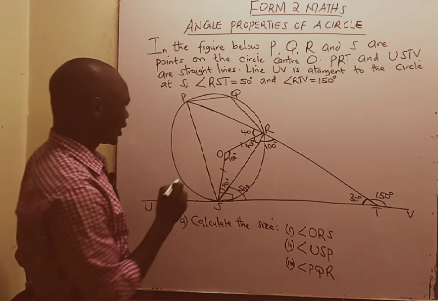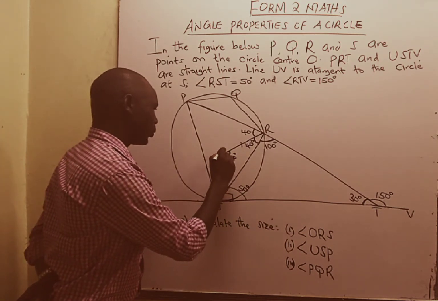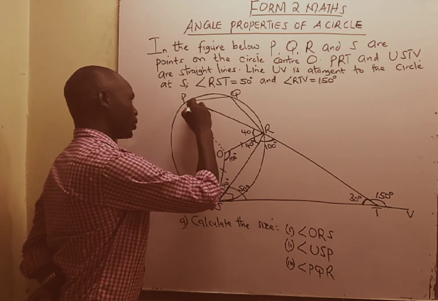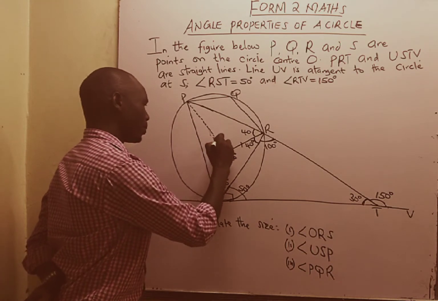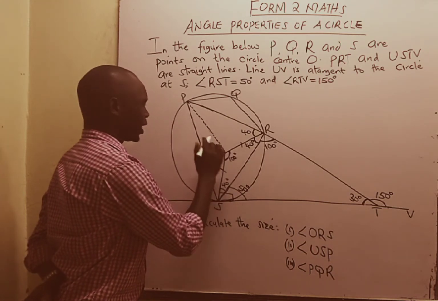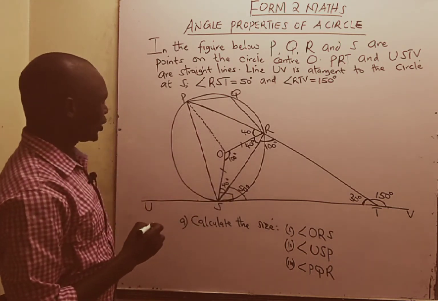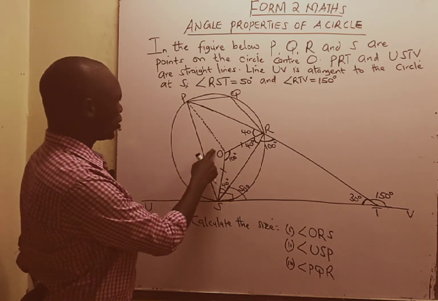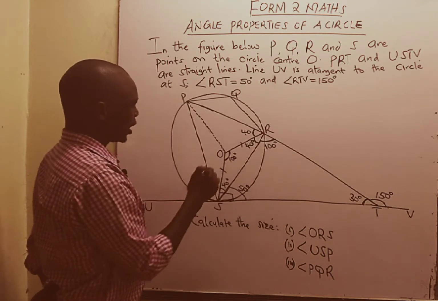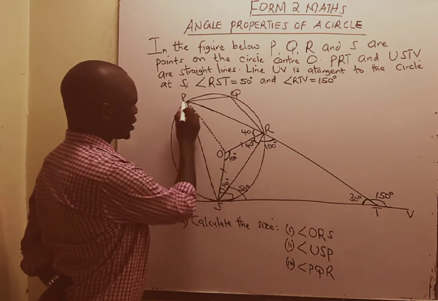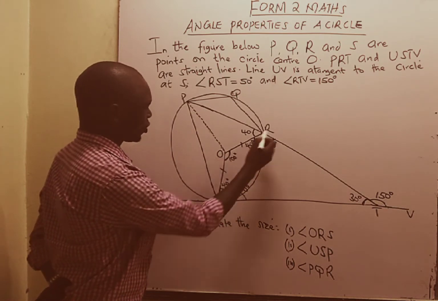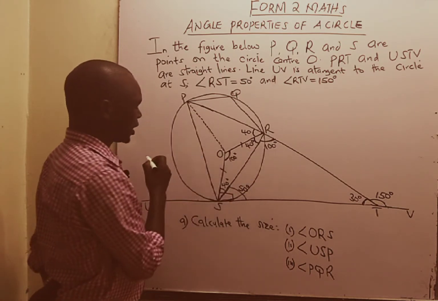If we draw a line from P to O, we are going to form a triangle OPR. OP is the radius and OR is the radius, meaning the distances OR and OP are the same.